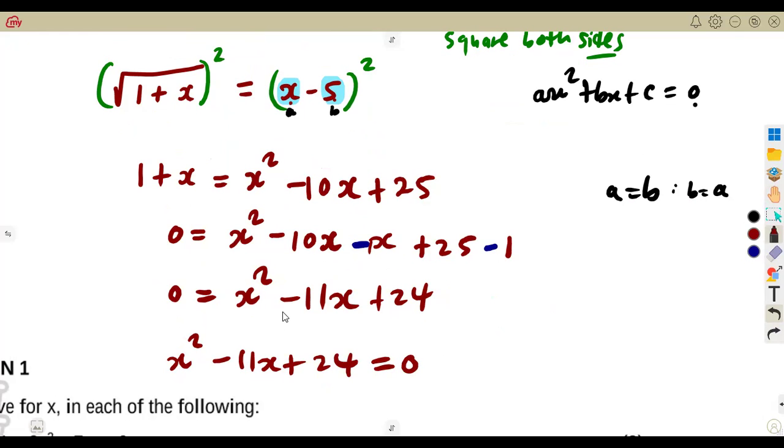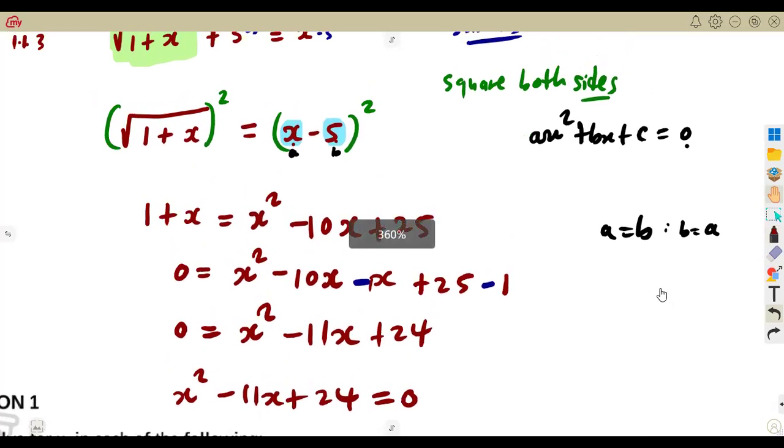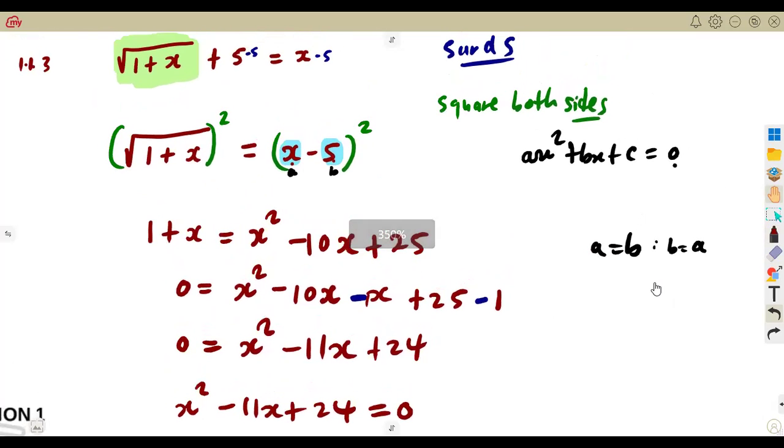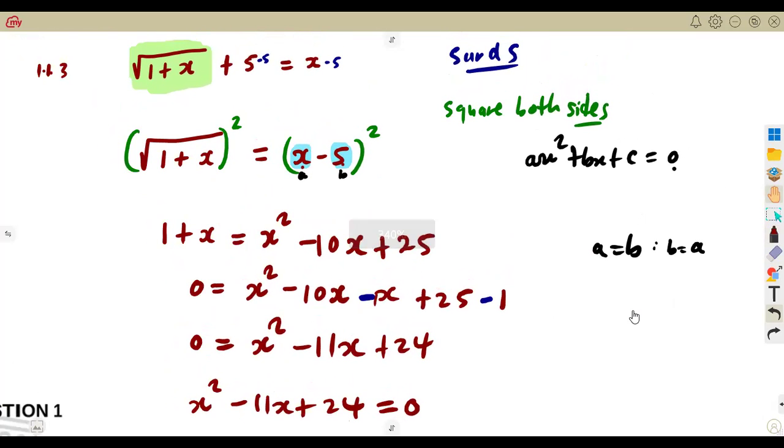So we can solve this equation. Figuring out, is factorization possible before we consider the use of the quadratic formula? It's not always where the quadratic formula, guys, is to be used. Yes, in other cases where factorization is limited, it cannot be used.